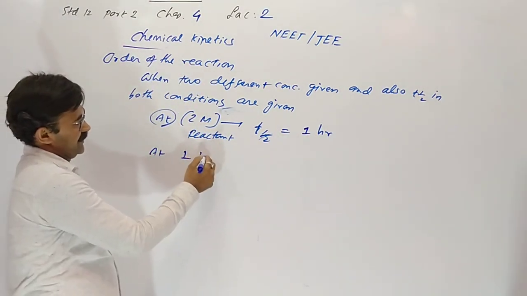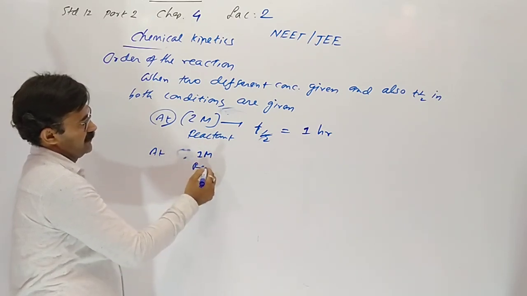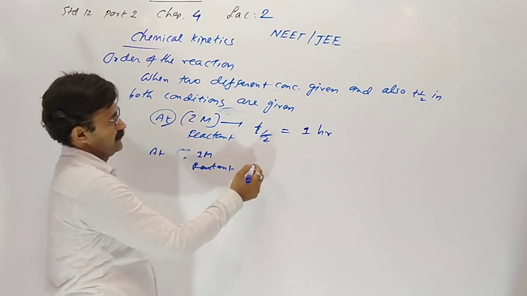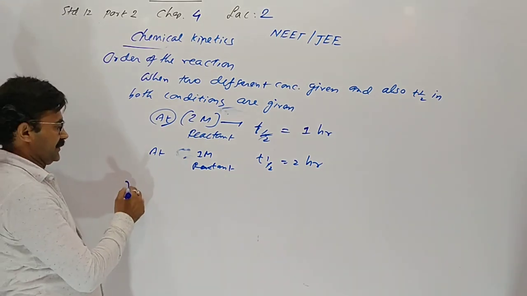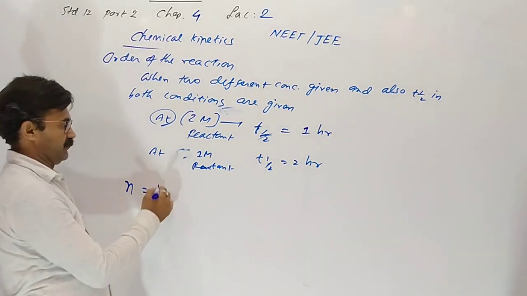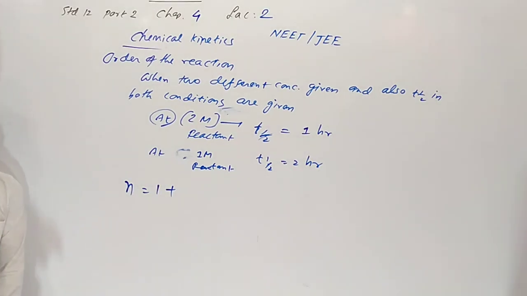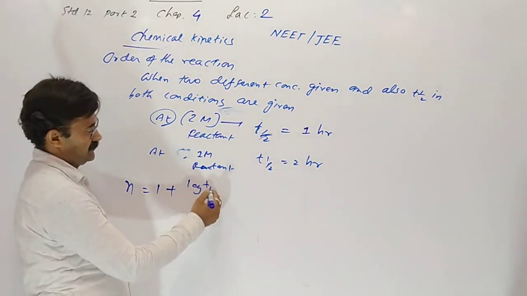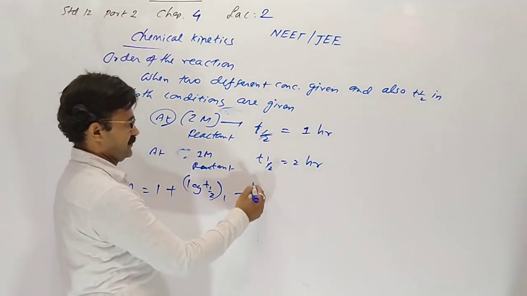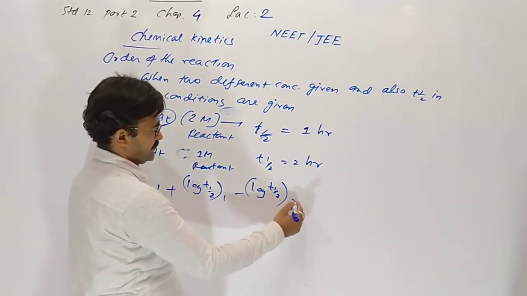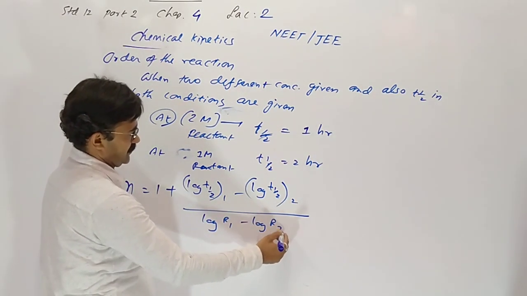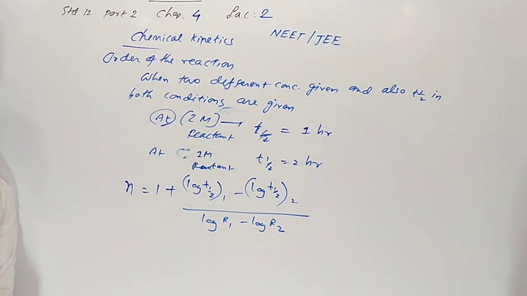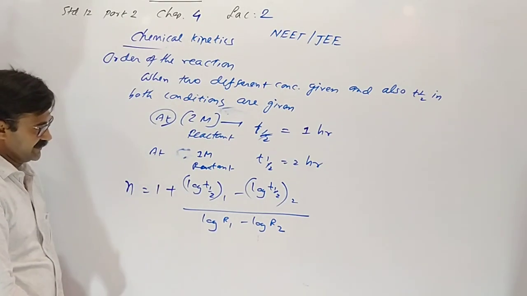At 1 molarity concentration of the reactant, t1/2 is supposed to be 2 hours. So the order of the reaction we can define using this formula: n is equal to 1 plus (log t1/2 in the first condition minus log t1/2 in the second condition) upon (log R1 minus log R2). So we can easily define the order of the reaction.